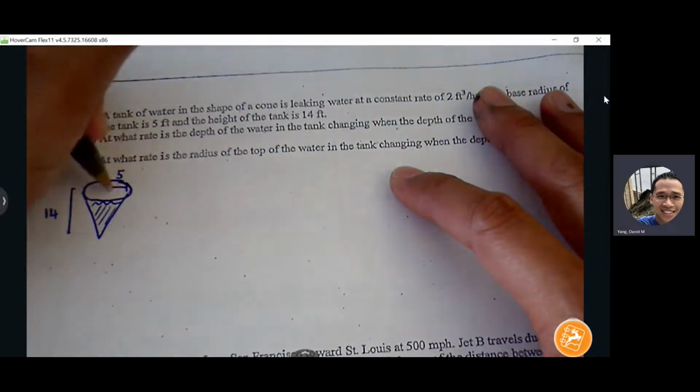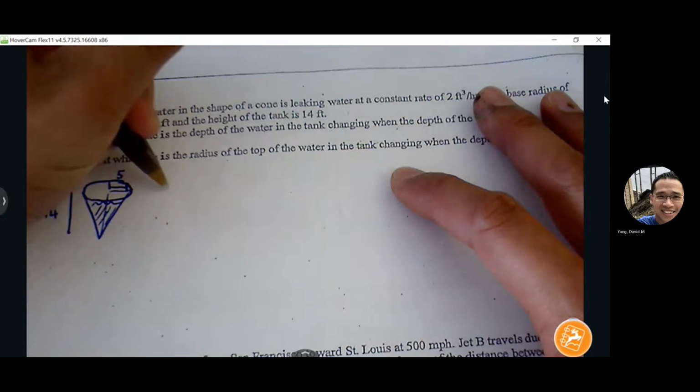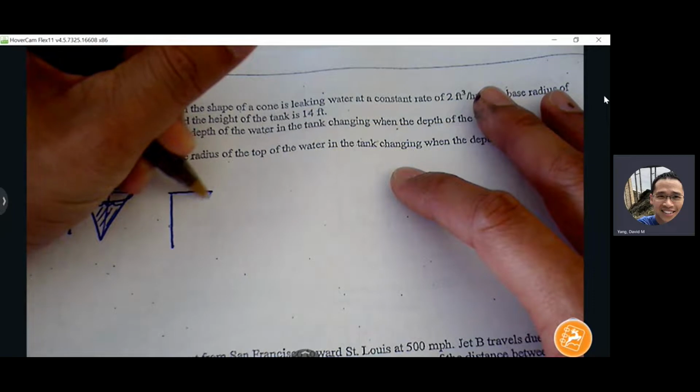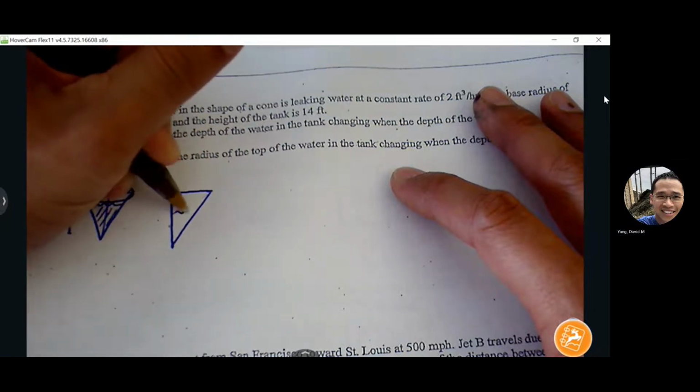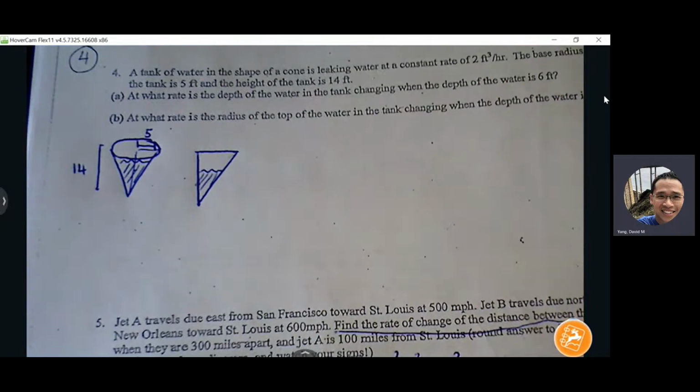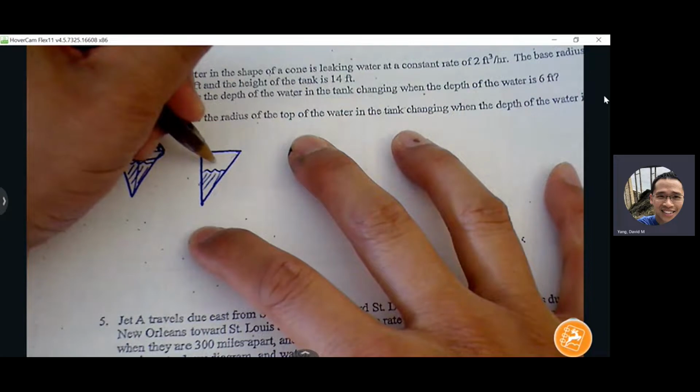So we're just going to look at a cross section of it because we need to build similar triangles in order to get that relationship between radius and height, because we have too many variables in the volume equation, and we need to get it down to a simpler formula.